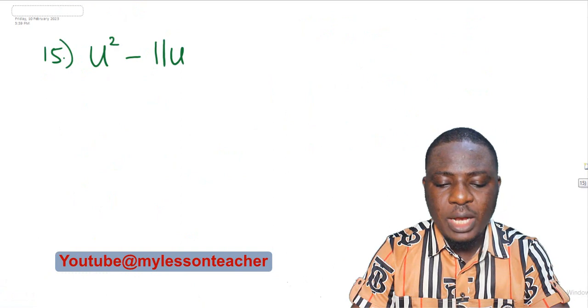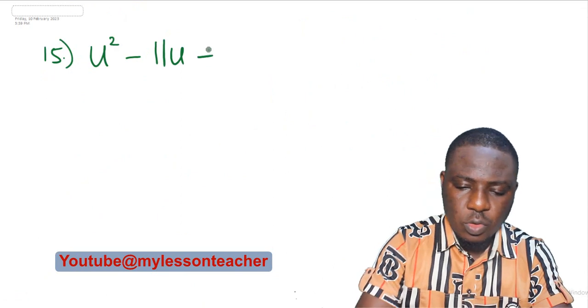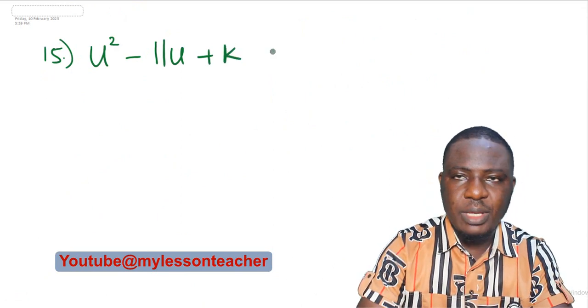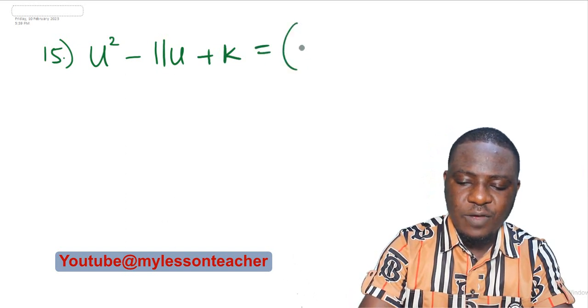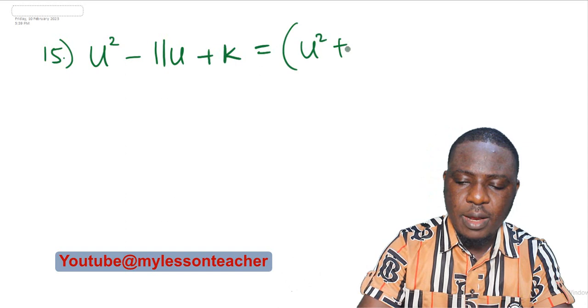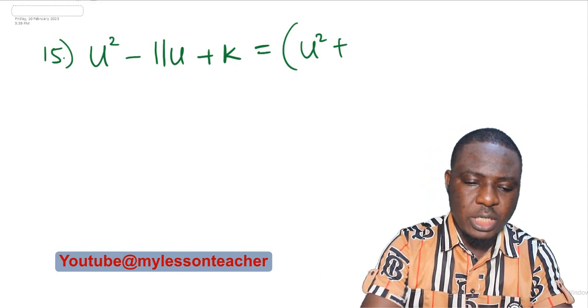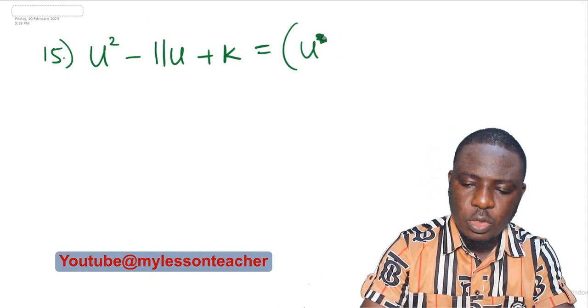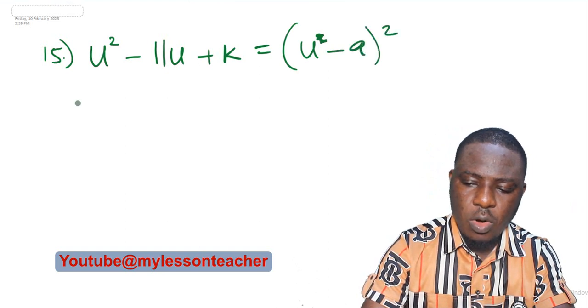15 says u squared minus 11u. So let that term be k, that when added factorizes it to be u minus a all squared.